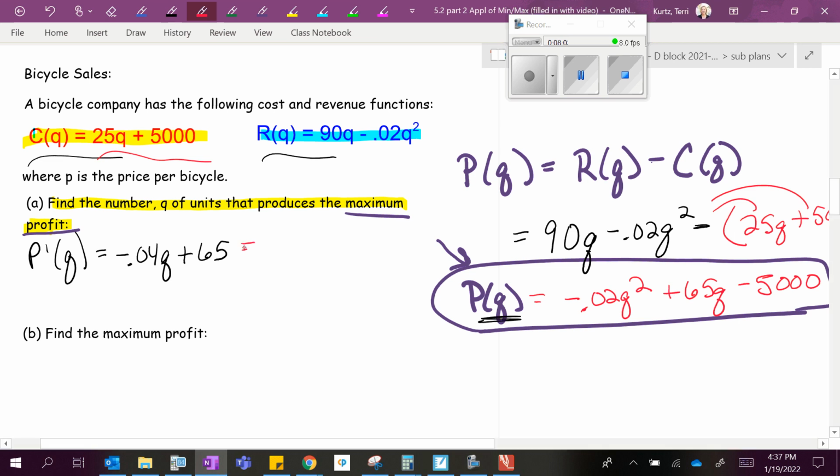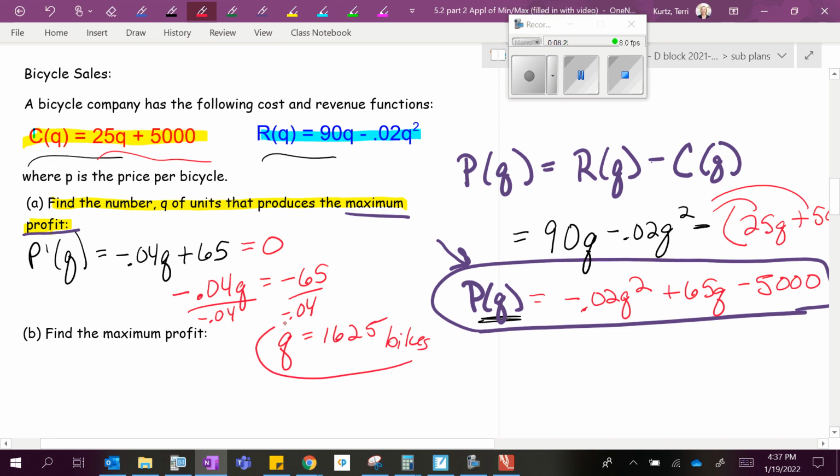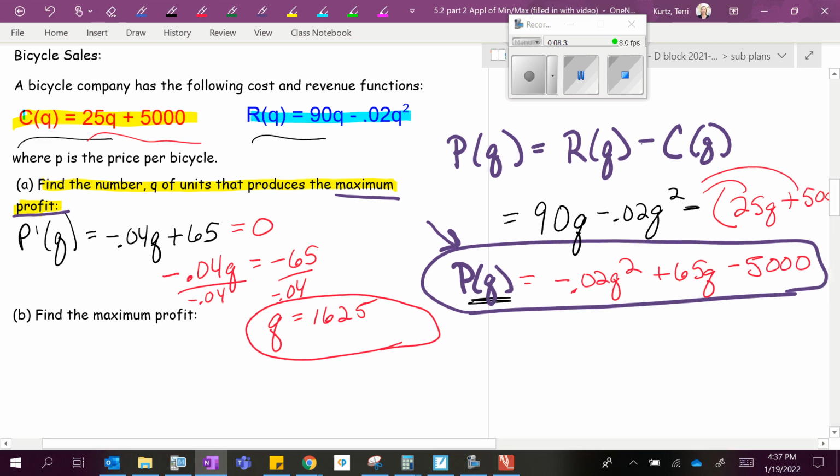I set that equal to 0 and solve, and I get negative 0.04Q equals negative 65, divided by negative 0.04, and I get 1625. Well, the only critical point, actually I'm kind of jumping the gun here. I found a critical point of 1625.